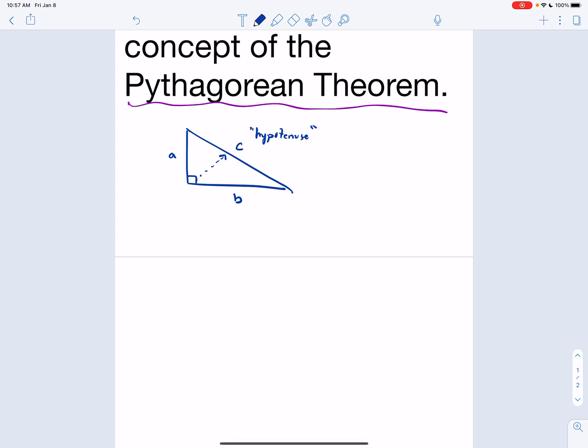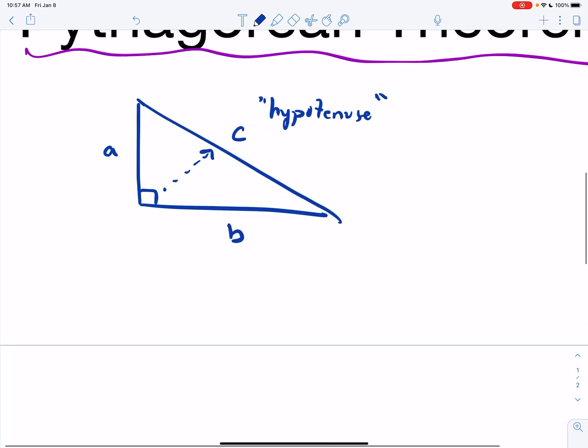Remember that the hypotenuse is always opposite that little right angle, and it's the longest side of a triangle. Sometimes the longest side is tough to see, so just remember that no matter how they draw the triangle, the hypotenuse is always opposite the right angle, okay?